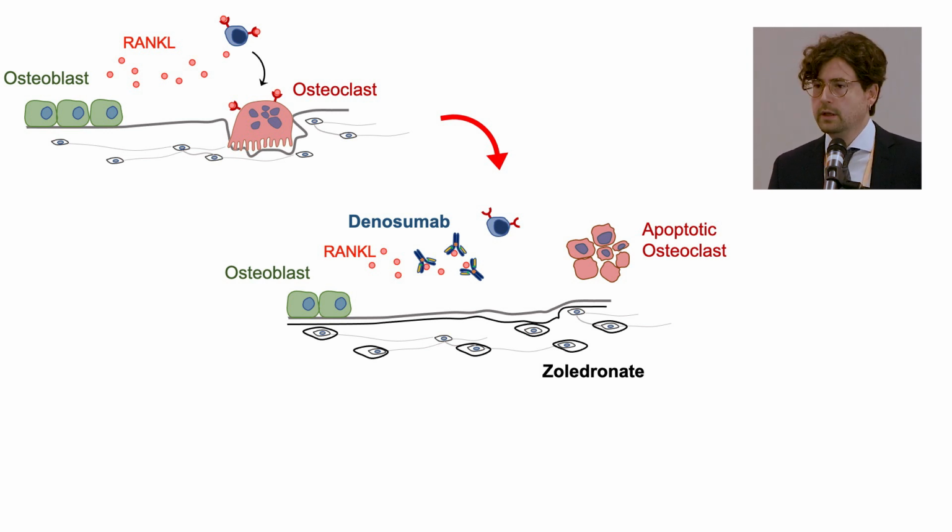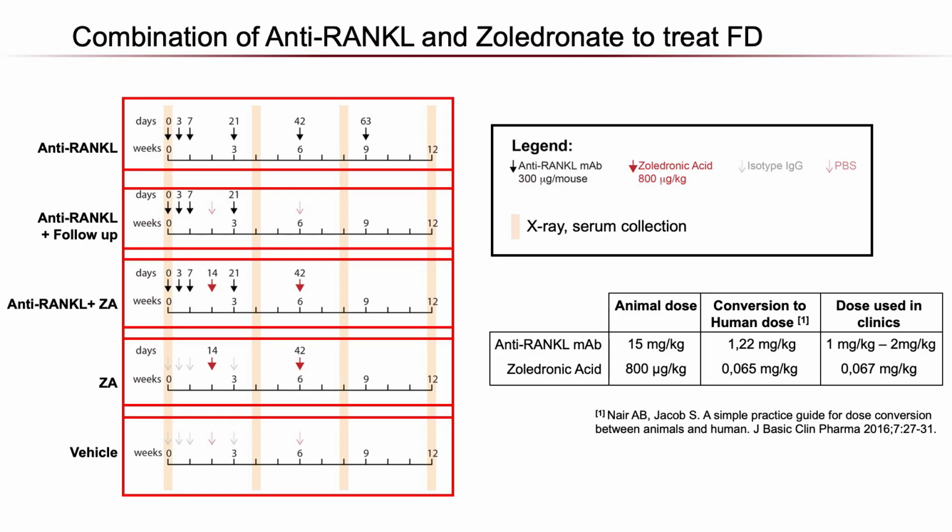At that point, we thought to administer zoledronate so that it could bind the new mineralized surfaces and induce osteoclast apoptosis once the anti-RANK ligand effect was vanished.